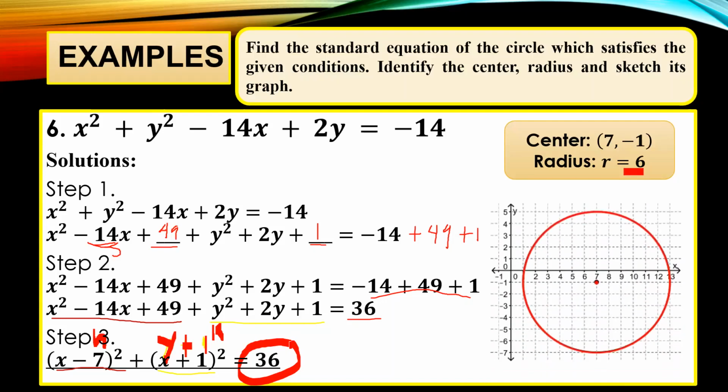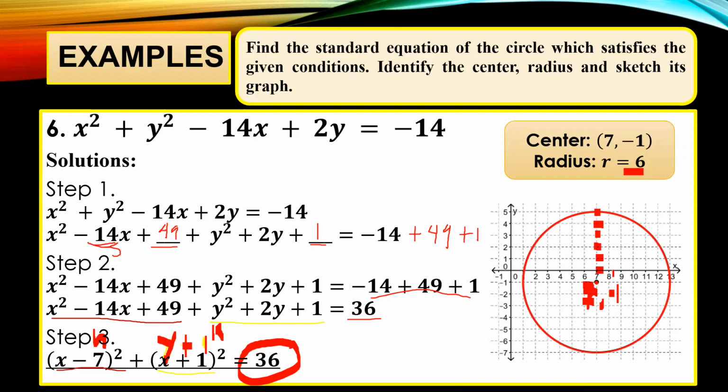So therefore, we have this graph. The coordinate of the center is 7 and negative 1. The radius is 6, so we will count 1, 2, 3, 4, 5, 6.